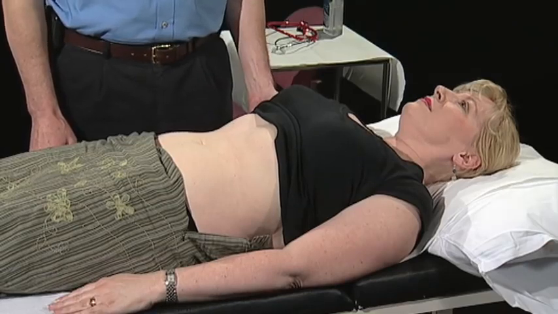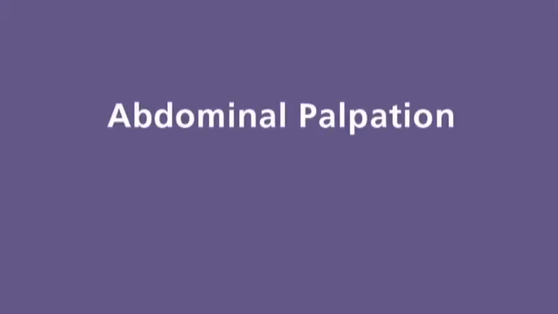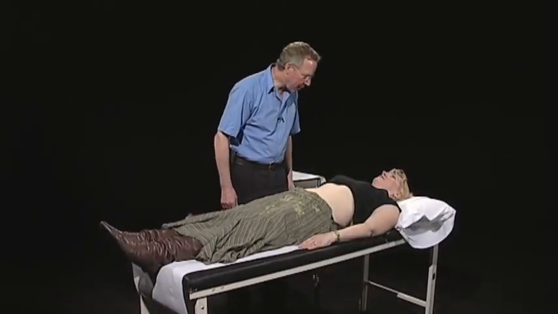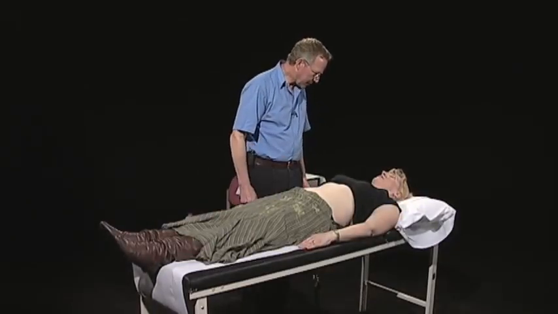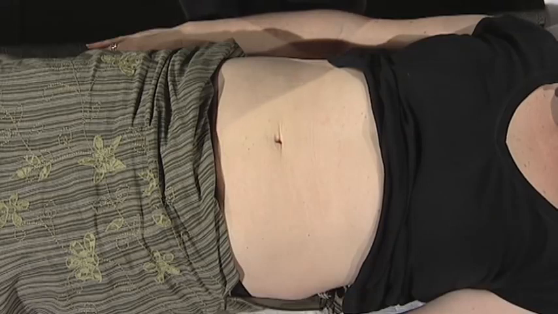I'm now inspecting the abdomen for scars, asymmetry, distension, dilated veins, and visible peristalsis. Now I'd like to feel your abdomen. Have you got any pain anywhere? No. When feeling the abdomen, I palpate all 9 areas, first superficially and then deeply, starting away from any that are known to be painful.